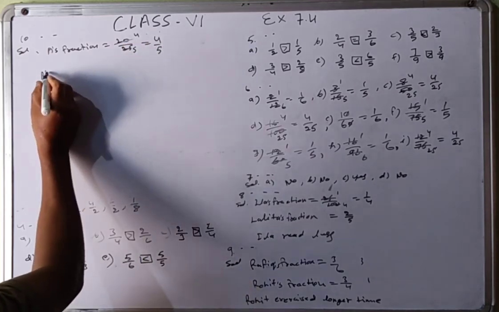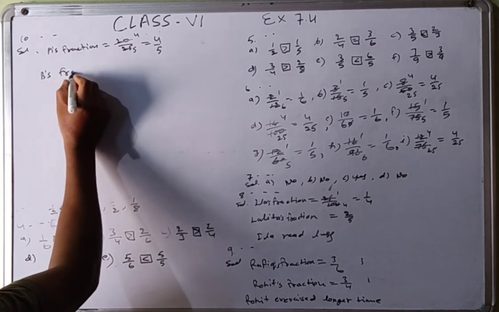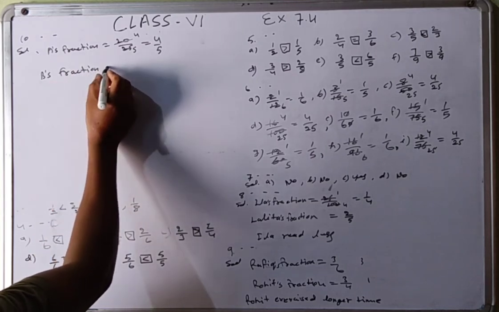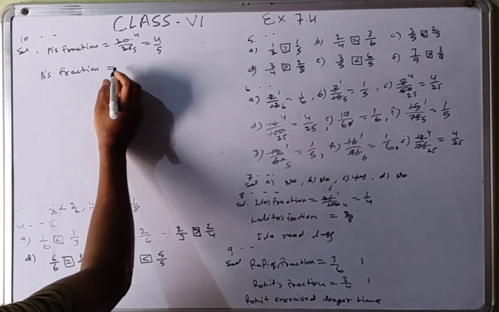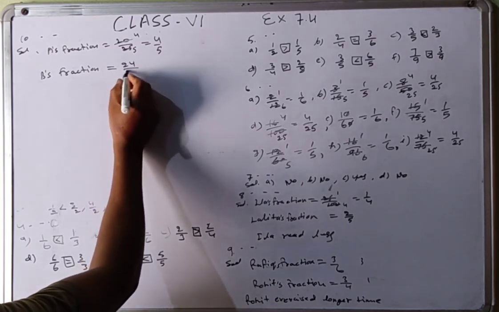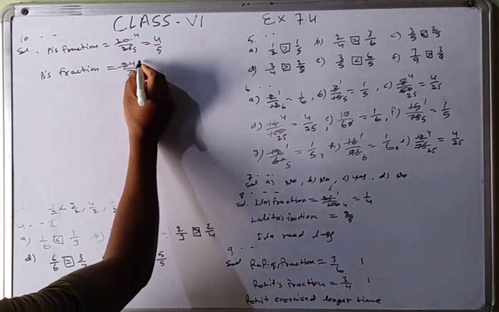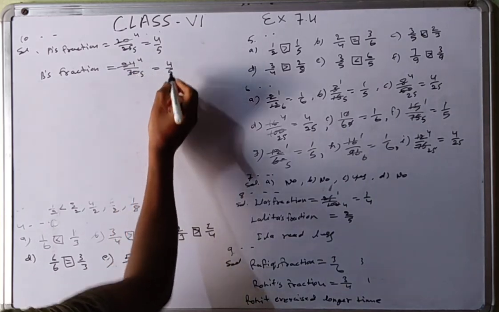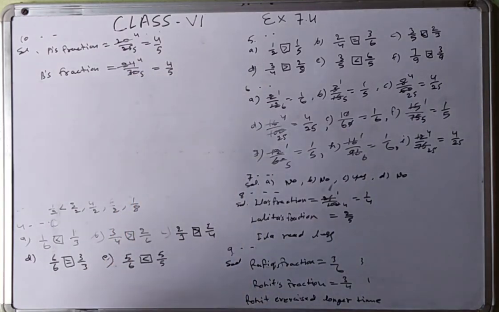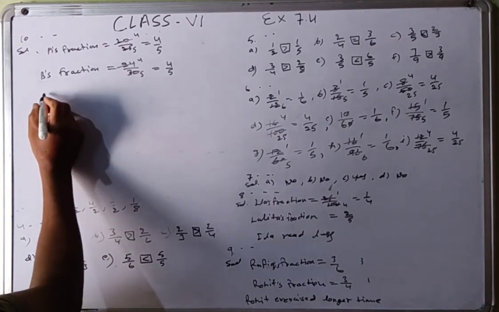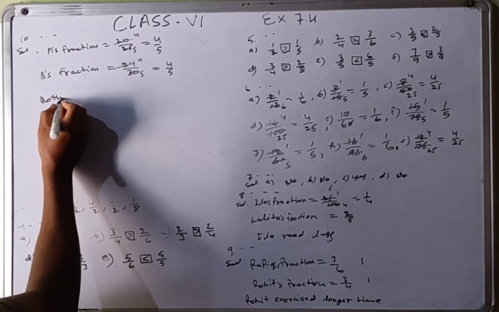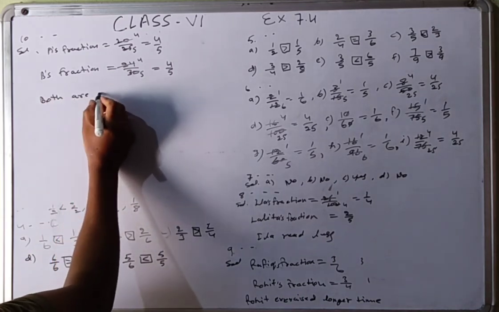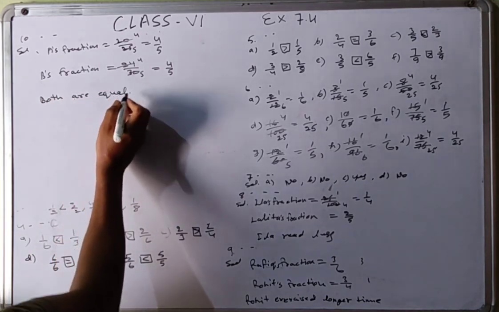And B's fraction is equal to 24/30. 6 fours are 24, 6 fives are 30, that is 4/5 both. So in which class is it greater? Both are equal.